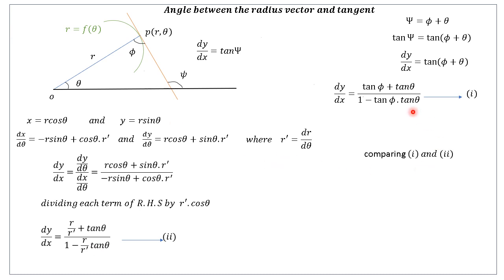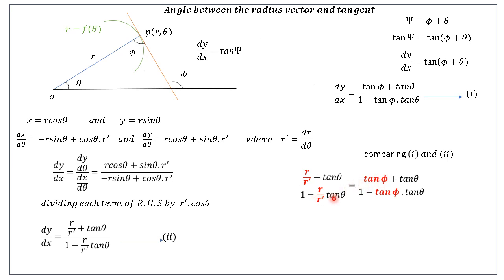Comparing equations 1 and 2, we have dy by dx on both sides. Now both the left-hand side and right-hand side can be easily compared.